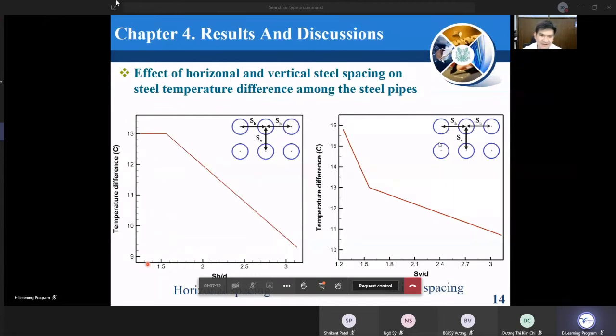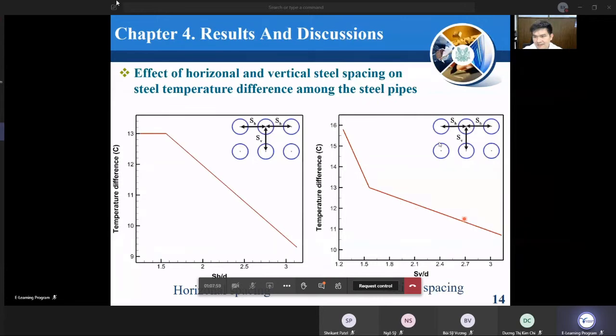As we can see, when we increase the horizontal spacing, we can reduce the temperature difference. And then also for the vertical, the temperature difference is a function of the vertical spacing. It's also a similar trend to the horizontal spacing.